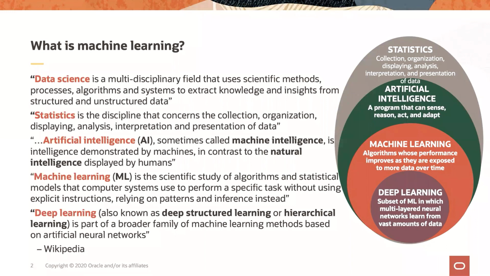You have a lot of different fields that actually end up representing what machine learning is. But overall, we see it as a subset of statistics and then a subset of artificial intelligence at the next layer, where you will have algorithms that actually learn. They learn behaviors. They learn to predict behaviors into the future.